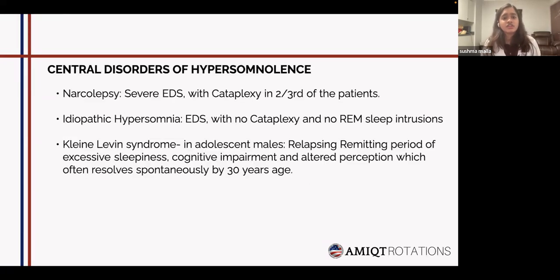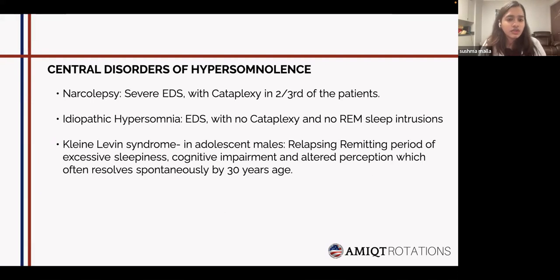And central disorders of hypersomnolence, narcolepsy. Coming to narcolepsy, it is severe excessive daytime sleepiness with cataplexy in about two-thirds of the patients. And narcolepsy has type 1 and type 2. So type 1 has cataplexy with EDS, and cataplexy is very common in type 1.